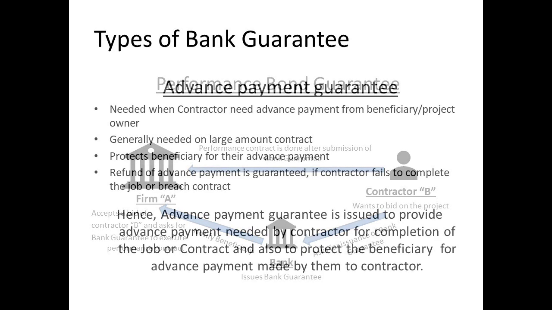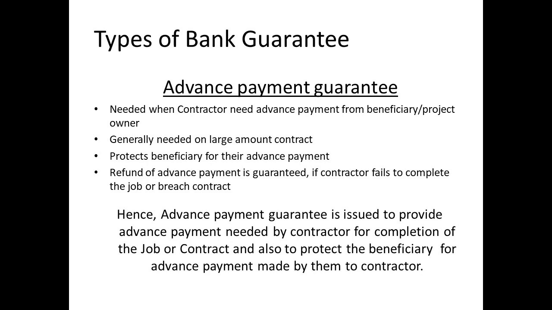Then the performance contract will be signed between the project owner and contractor B, who can now proceed to work on the project. Talking about the advance payment guarantee, it is needed when the contractor wants an advance from the beneficiary or project owner. It is generally needed for big projects having a large amount value.